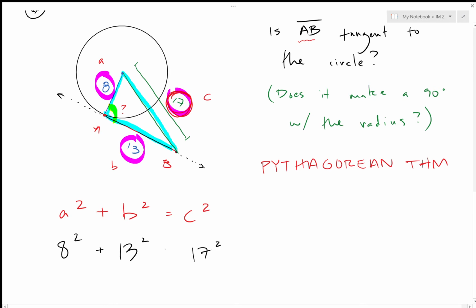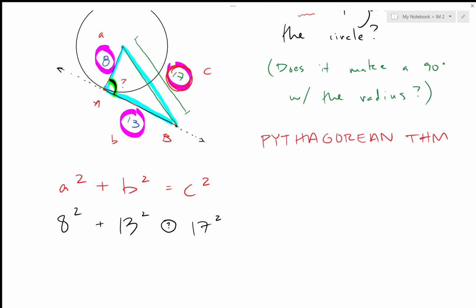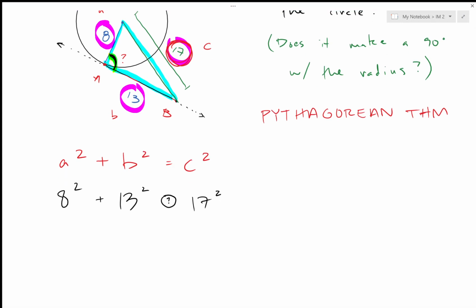Now in the middle here, I don't know if it's equal yet. I don't know if it's a right triangle. I don't know if Pythagorean Theorem is going to work out yet, so I'm going to put in a blank here with a question mark. If we find out that they are equal, then it is a right angle. If they are not equal, then it's not a right angle. And that'll help us answer our question from earlier.